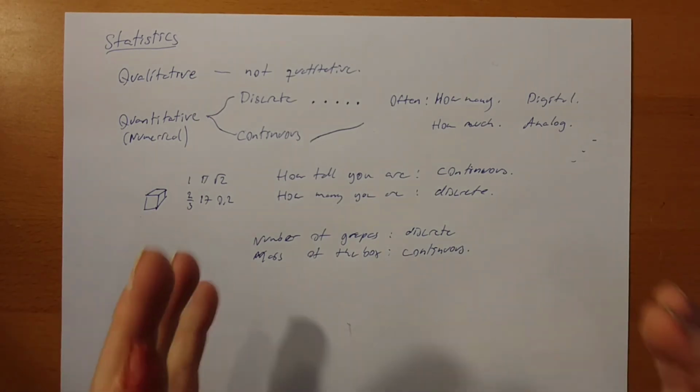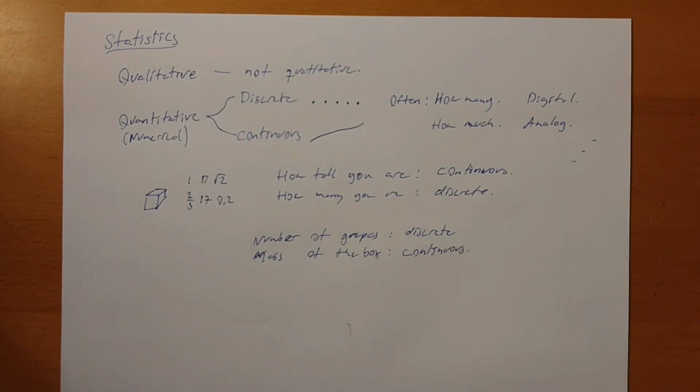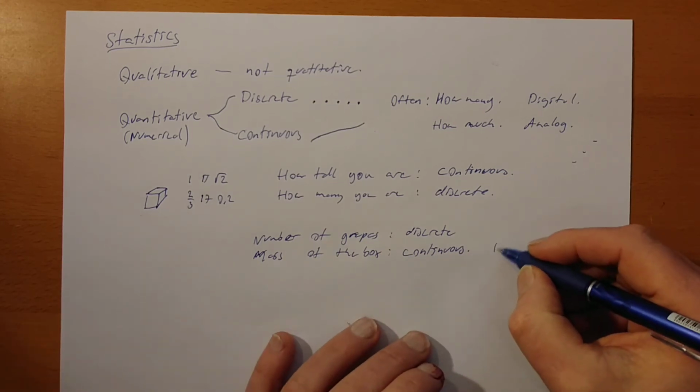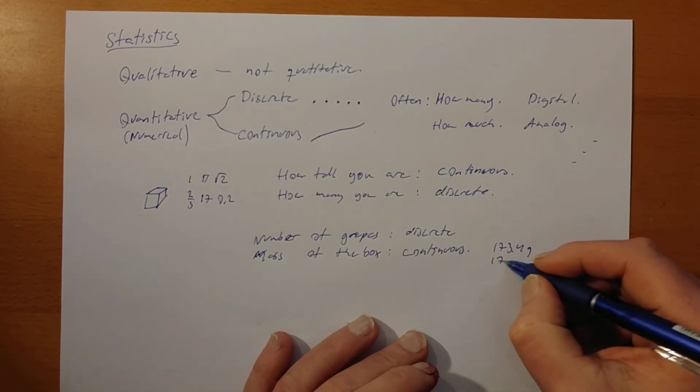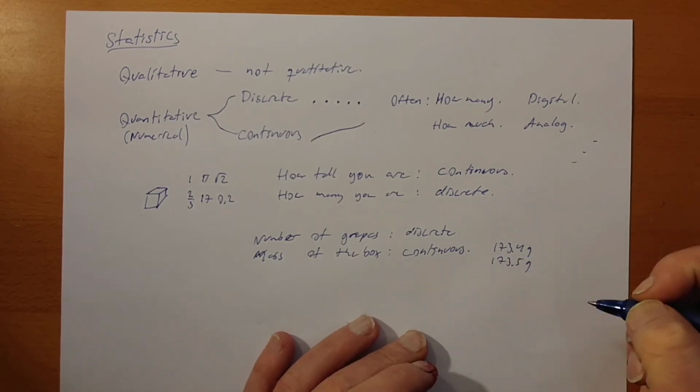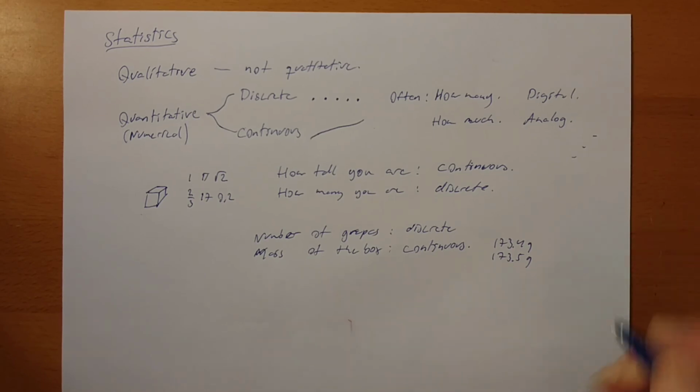Even if the box itself has just one particular value, it could in principle have all the values. Say it was 173.4 grams. Of course, it could have the mass 173.5 grams, and so on. So even though this particular box has a mass of 173.4 grams, the underlying data is continuous.